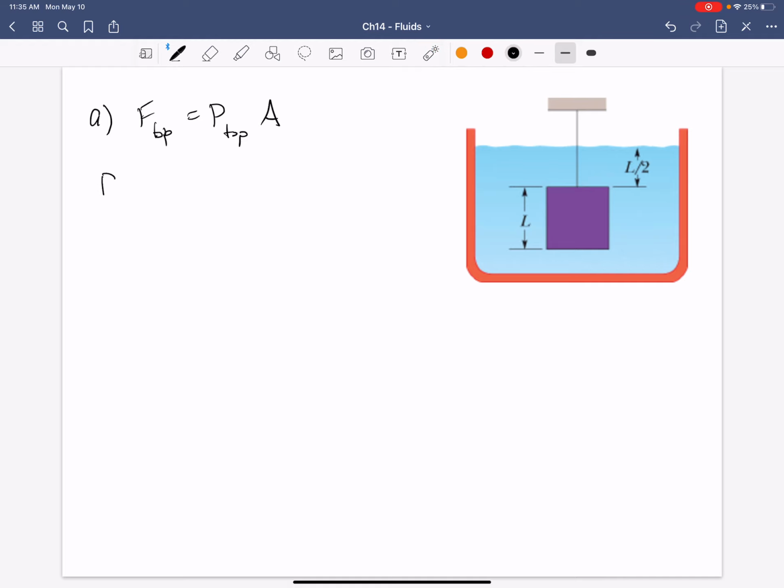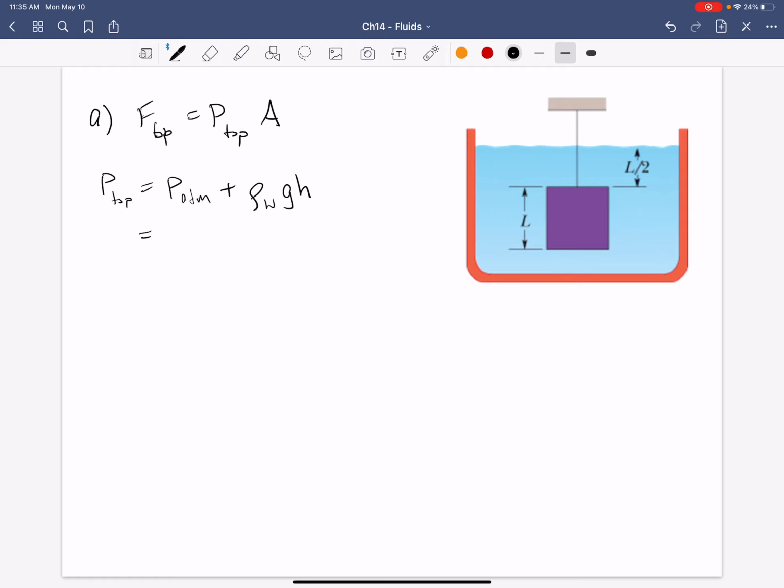Well, that pressure is the pressure of the atmosphere plus an increase in pressure because we're going down in the water. And thinking back to Pascal, that pressure is rho g times whatever depth we're moving down.